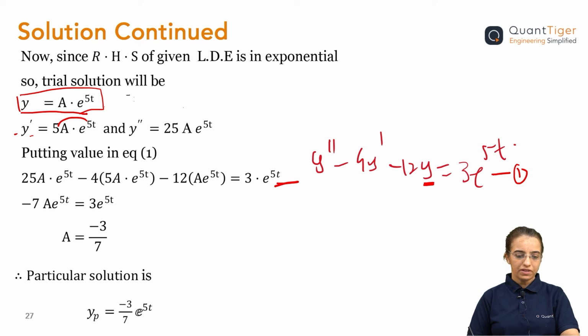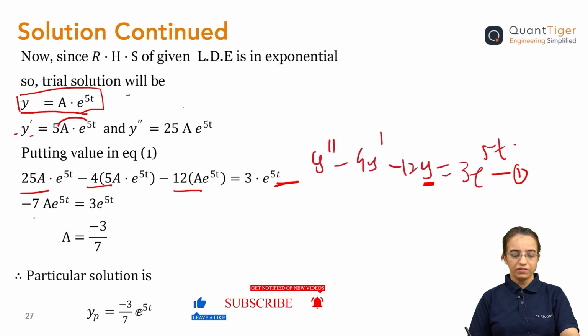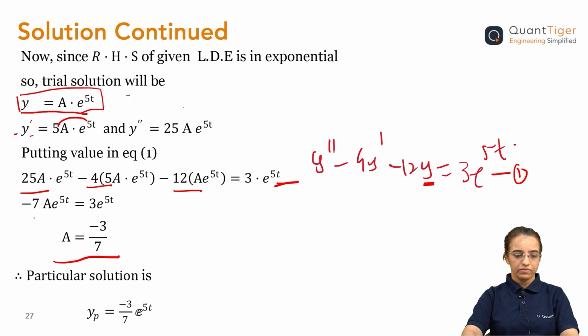After simplification, if you just expand this bracket, this will be minus 20, then this is 25 and this is minus 12. If you do the calculation, it will give you minus 7A into e to the power 5t, which is equal to the right hand side, 3 into e to the power 5t.